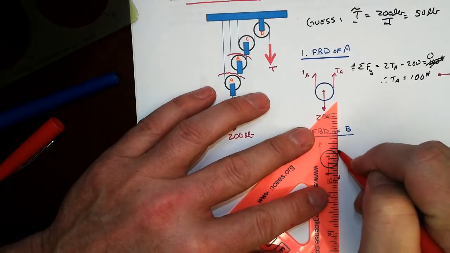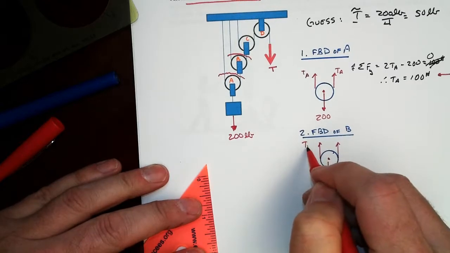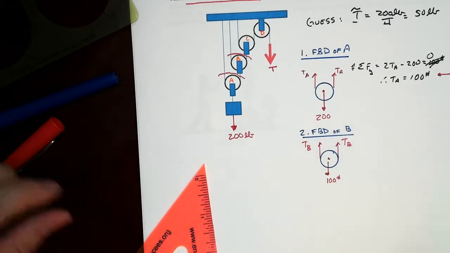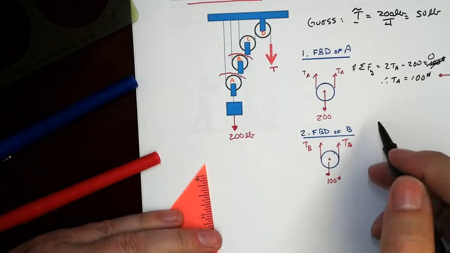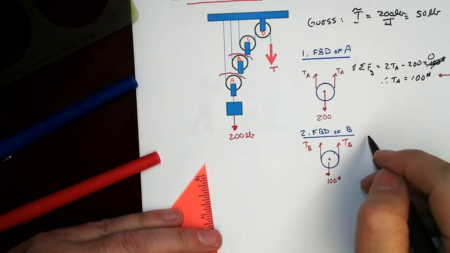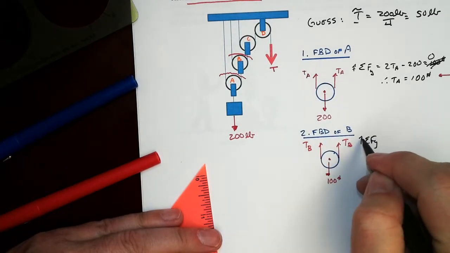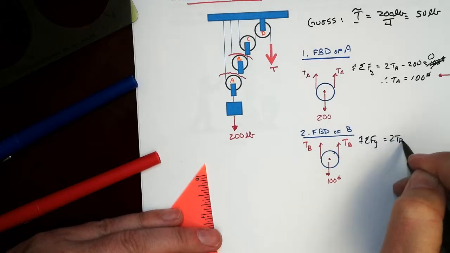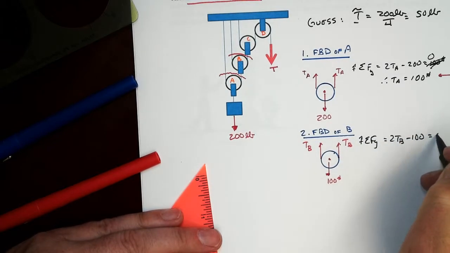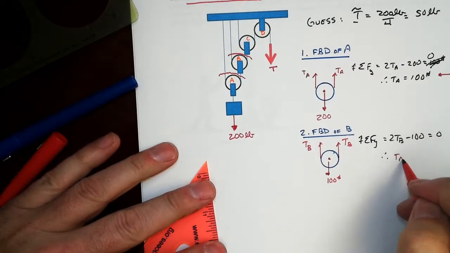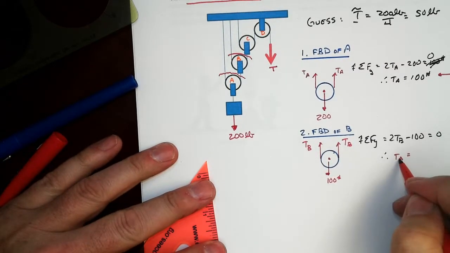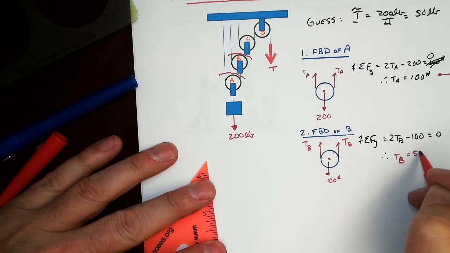That's a new and different cable, so it has to be different. There's TB, TB, and wouldn't you know it, that's almost an identical free body diagram, and of course the equation is highly similar. 2TB minus 100 equals 0, and therefore, get the colors right this time, TA equals TB equals now 50 pounds.